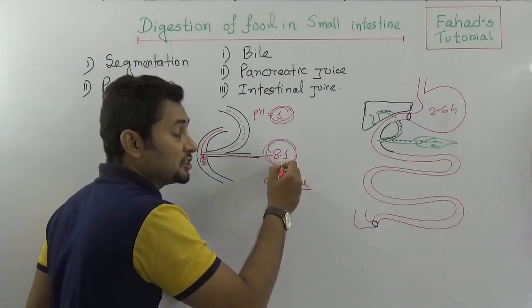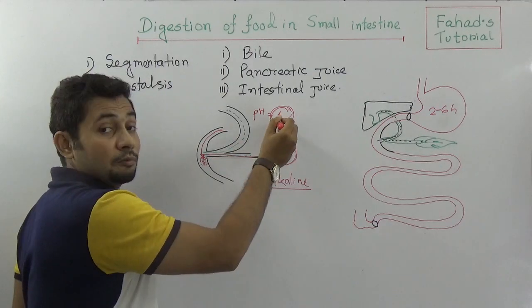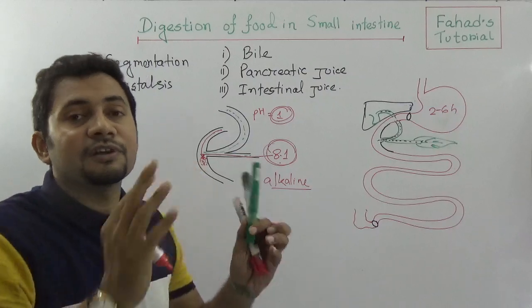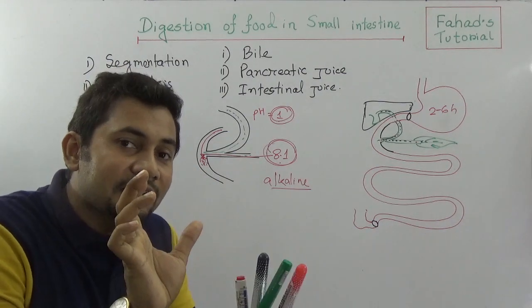So when pancreatic juice at pH 8.1 mixes with chyme at pH 1, it neutralizes the scenario. I hope you understand at a very basic level.